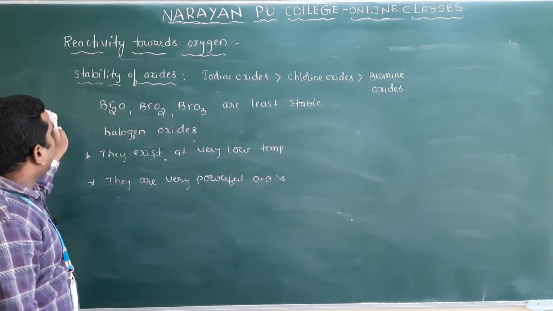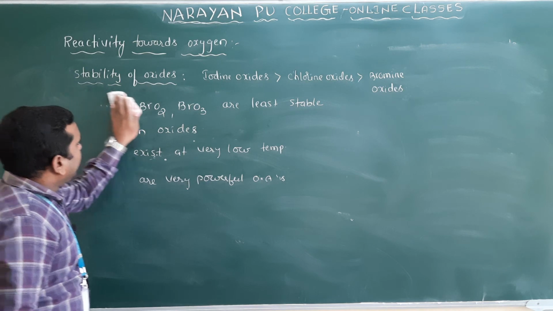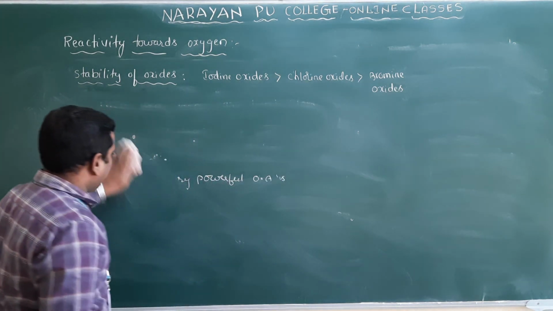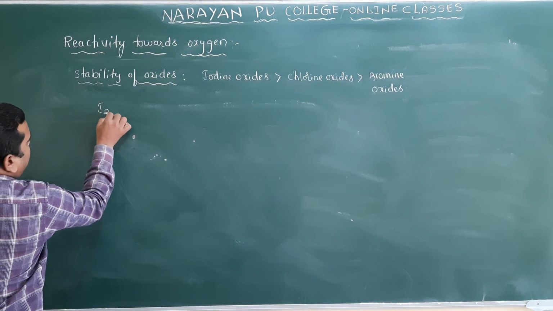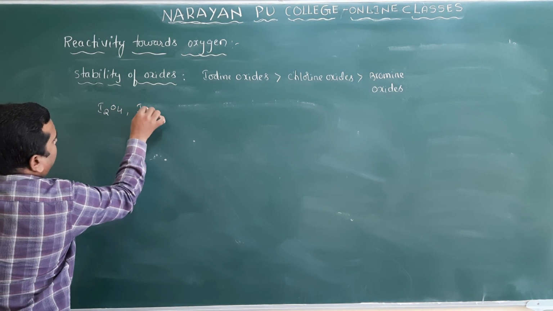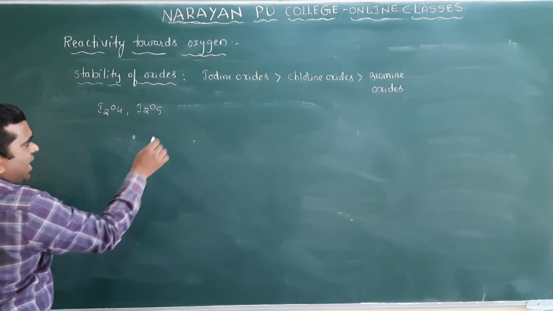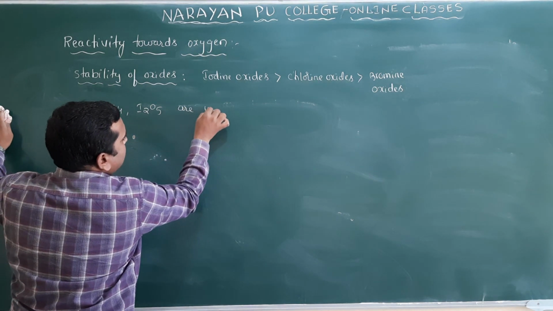And if you go for oxides of iodine, iodine forms mainly 2 types of oxides. One is I2O4 and another one is I2O5. They are insoluble solids.